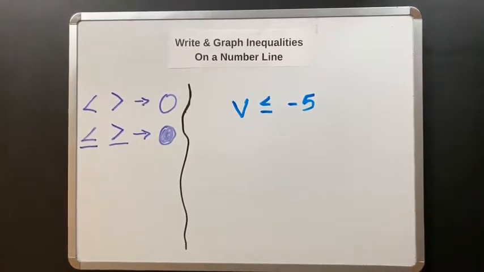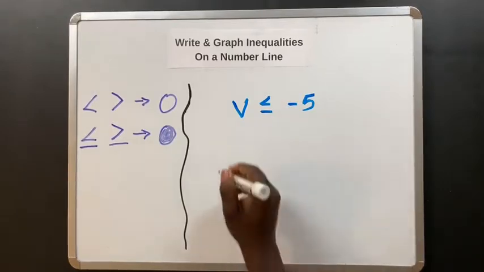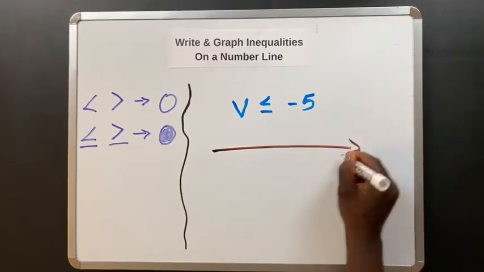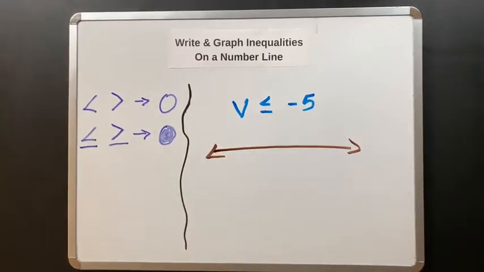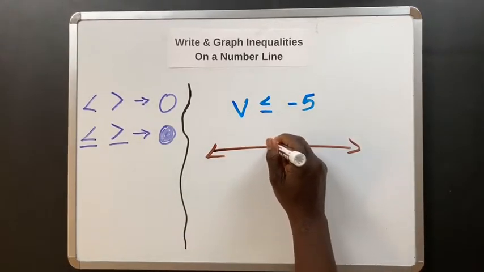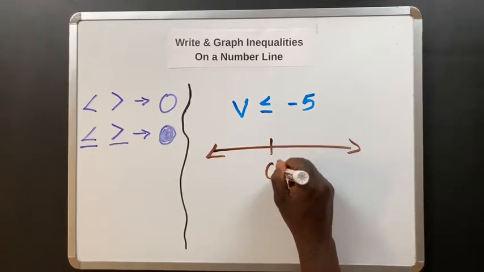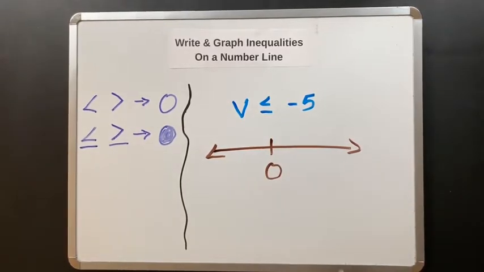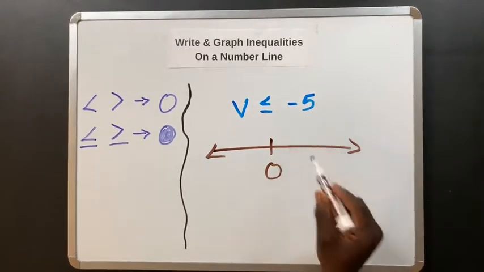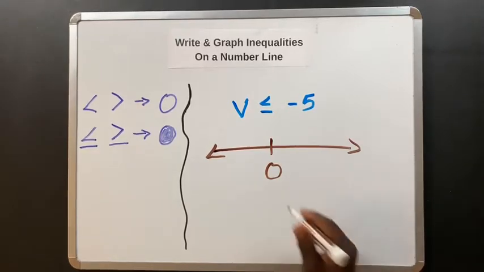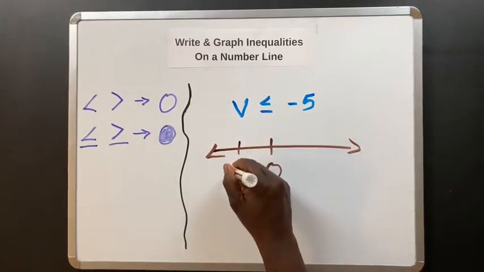So here we are. Let's go ahead and draw our number line. Second thing, identify what? 0. Okay, now decide where to place -5. So we can place it over here.